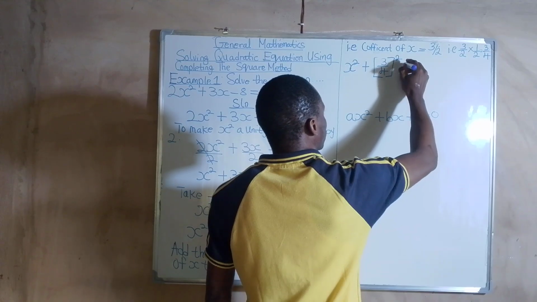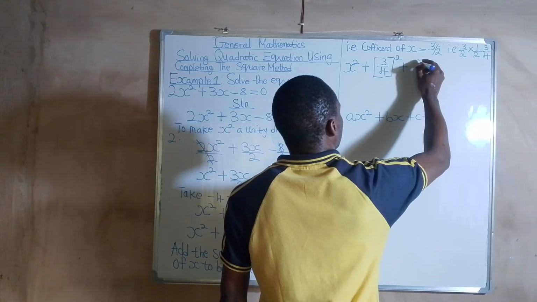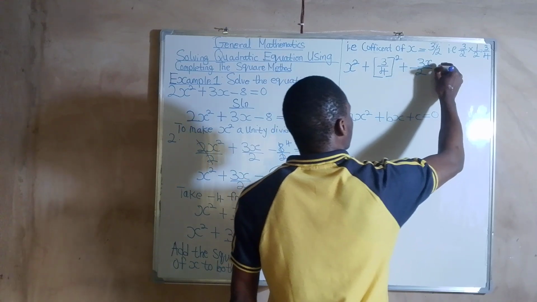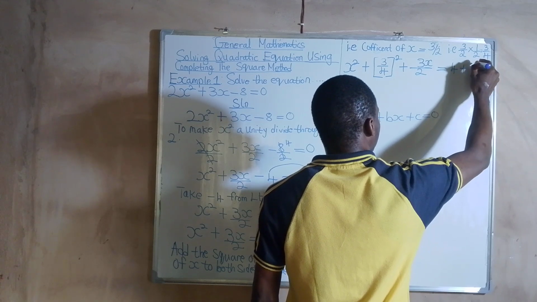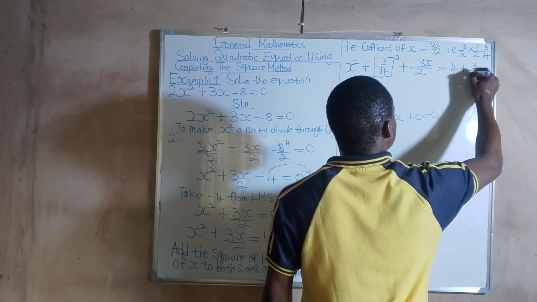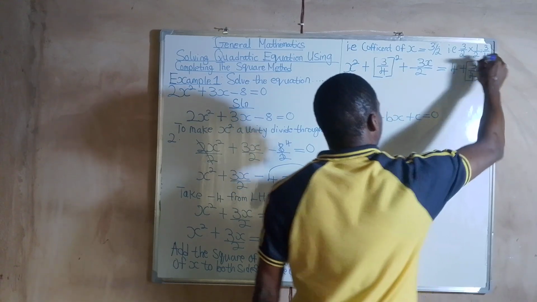So now remember, this is plus 3x over 2 equals to 4 plus 0 plus 3/4 squared.